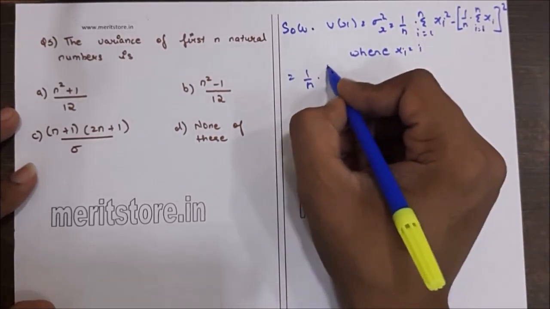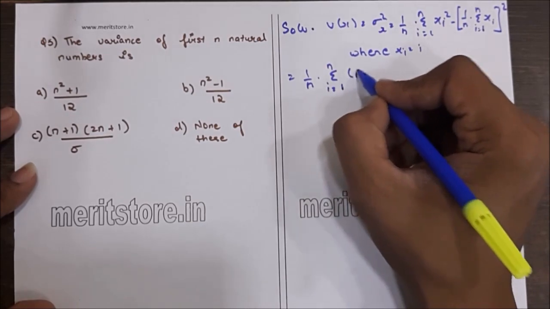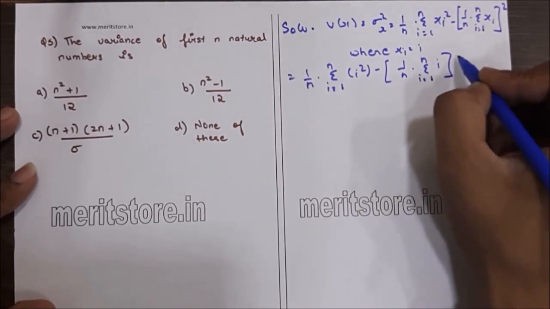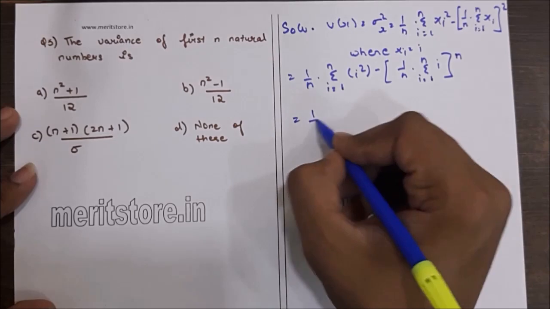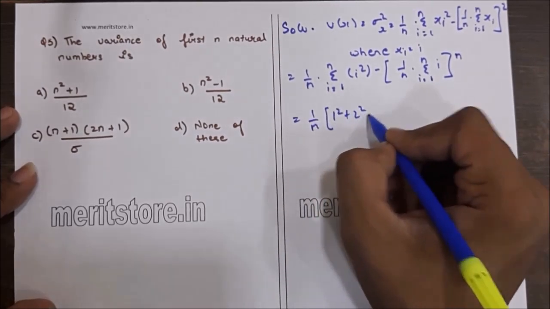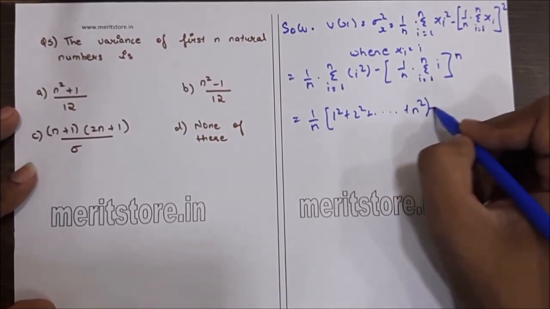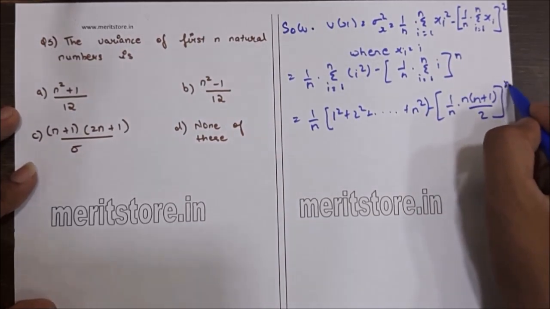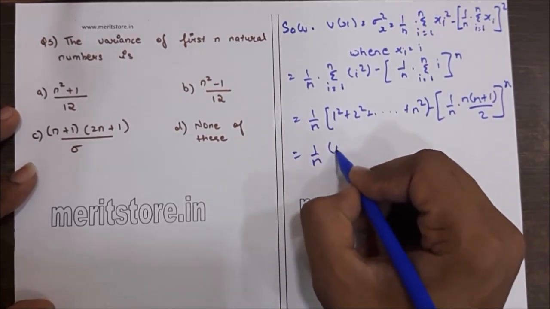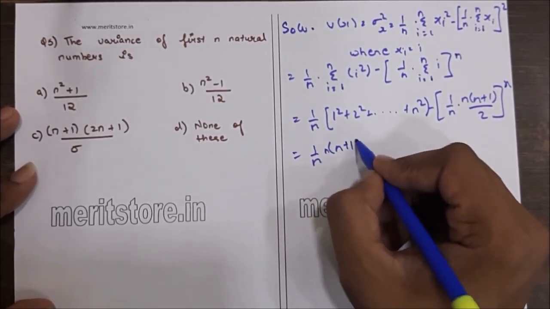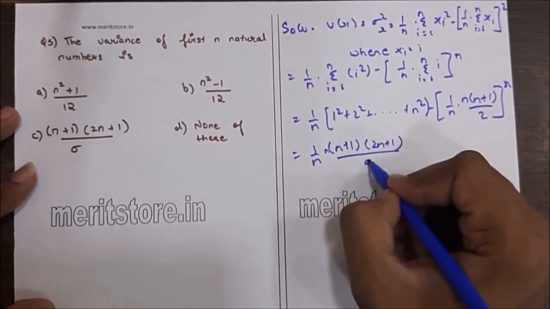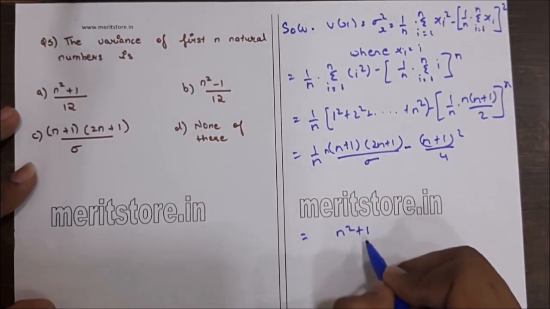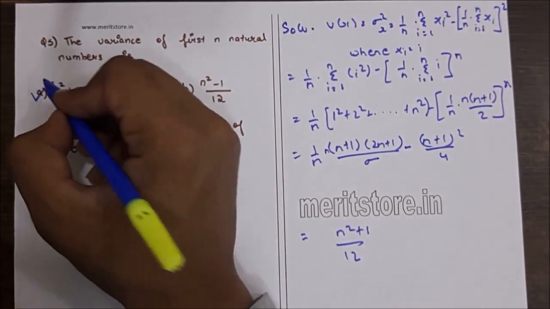Therefore, 1 upon n times 1 square plus 2 square plus till n square, minus the square of 1 upon n into n into n plus 1 upon 2, that is equal to n plus 1 into 2n plus 1 upon 6 minus n plus 1 the whole square by 4, is equal to n square minus 1 by 12. So option B is correct.